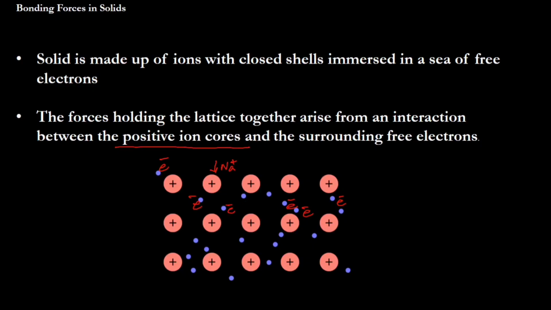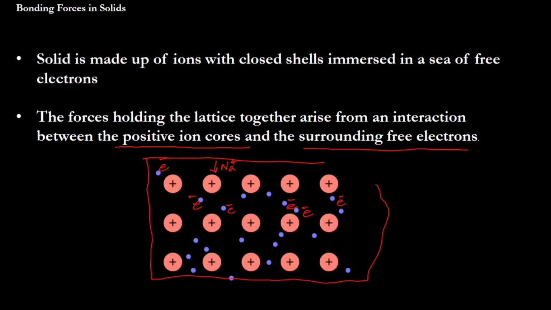That bonding is because of the positive ion cores and the surrounding free electrons. So because of this ion and free electron, there is an interaction between the positive cores. Okay. Consider this as a whole solid, right? N number of electrons are flowing inside this.